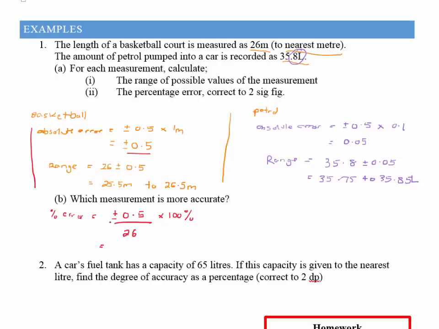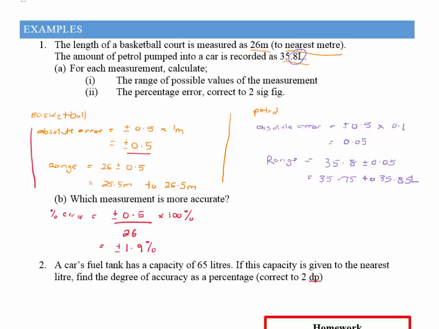You don't need the percentage sign in your calculator. You're just going to go 0.5 divided by 26 times 100, and the answer you get is plus or minus 1.9%. That's what the percentage error is.